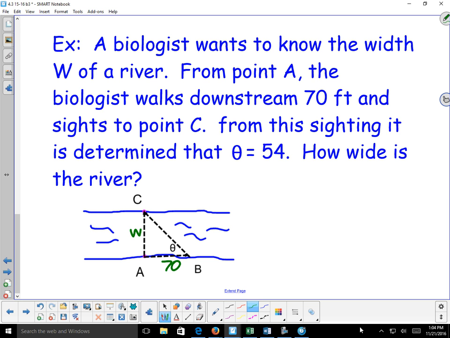And she can use some measurements to figure out that that angle there is 54 degrees. All right, so how wide is the river?